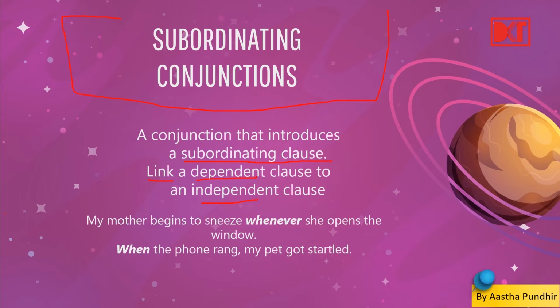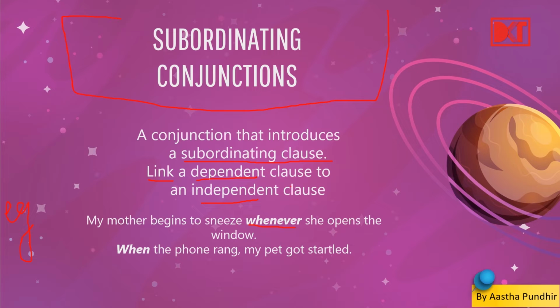Let's see the examples. My mother begins to sneeze whenever she opens the window. Whenever she opens the window. Alright. So यहाँ पे क्या है? हम एक subordinate clause introduce हुआ क्या? Whenever she opens the window. ठीक है.